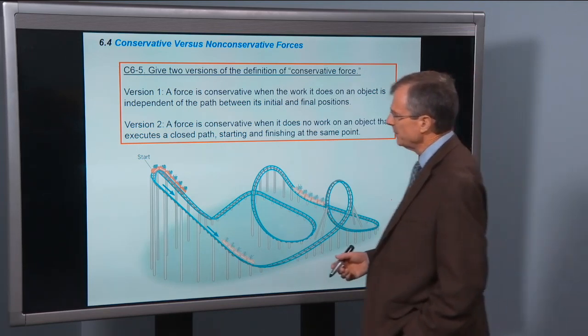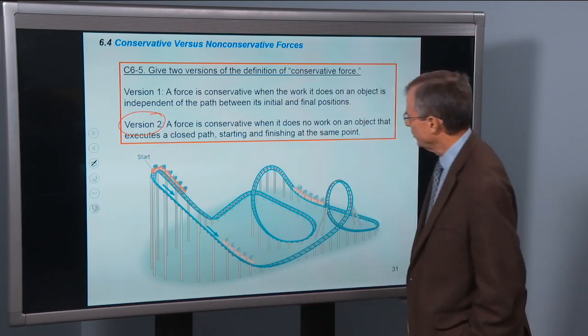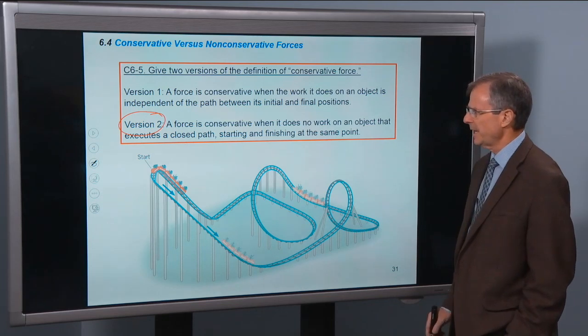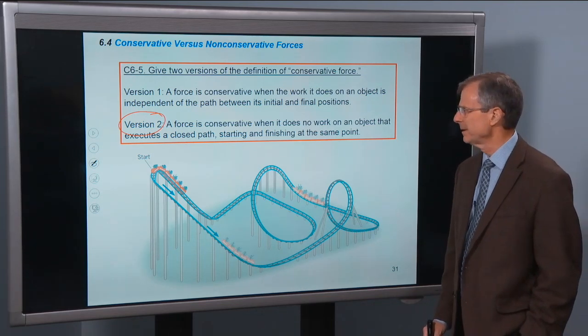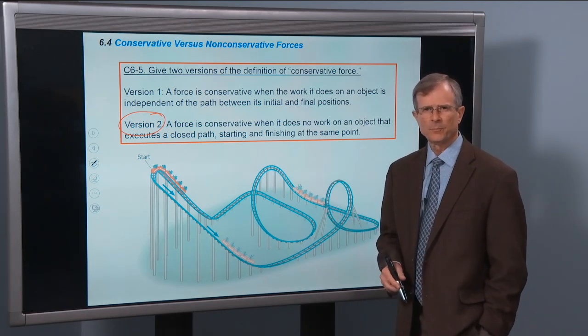The one that we talked about in the demo video is this one. A force is conservative when it does no work on an object that executes a closed path, meaning that it starts and finishes at the same point.